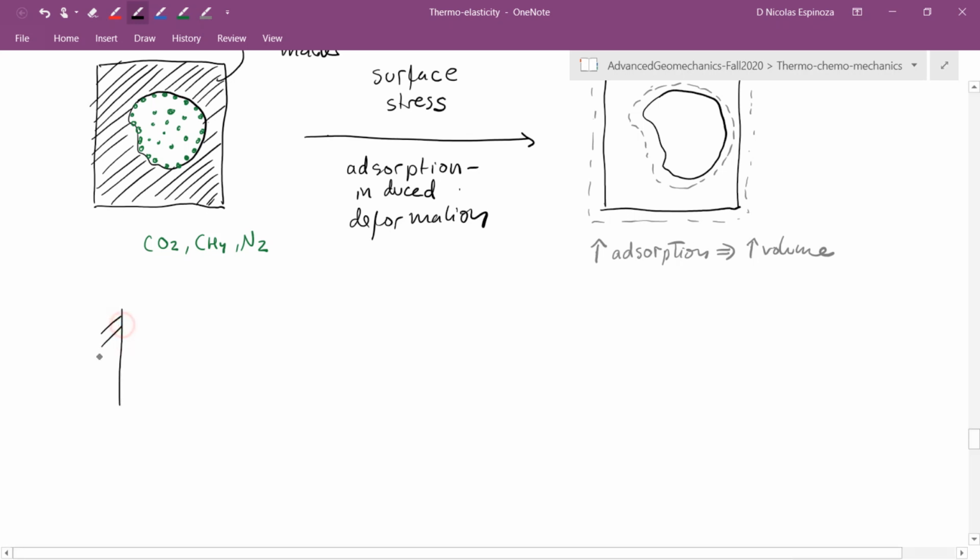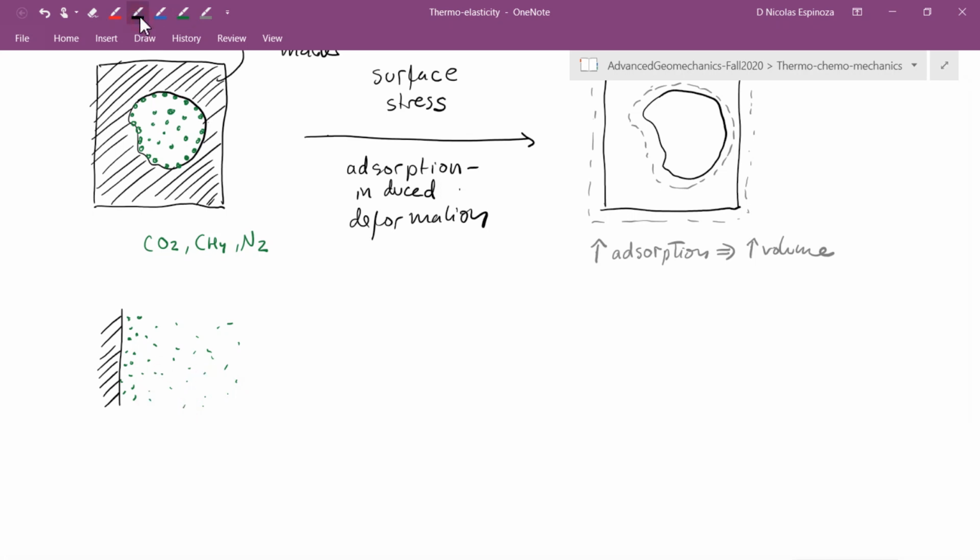If you have a surface and you have adsorbed molecules into it, as we were saying before, close to the surface, you will have a high density. And as you go into the bulk, you will have the bulk density.